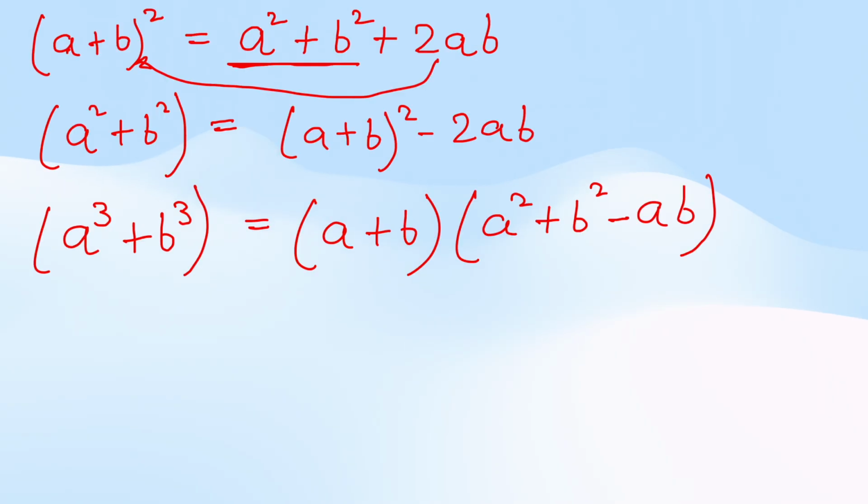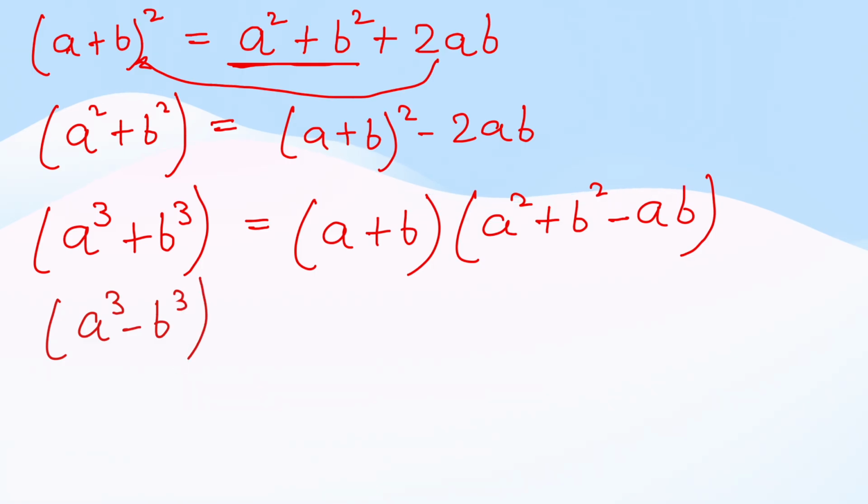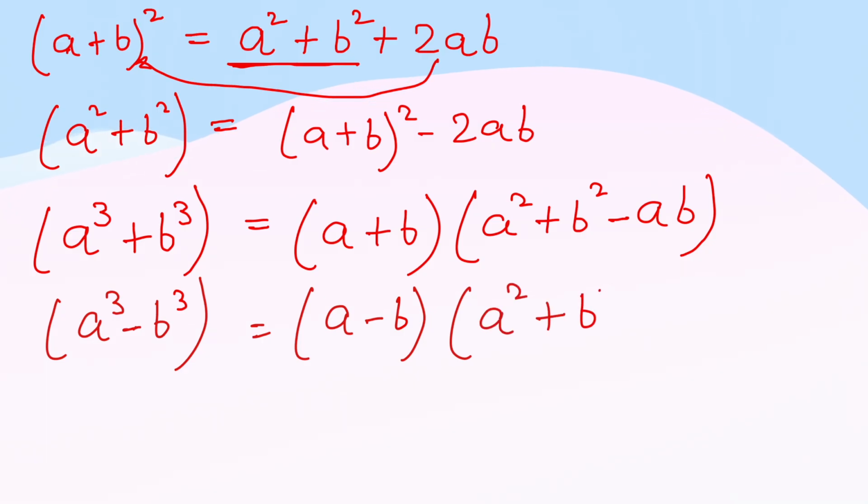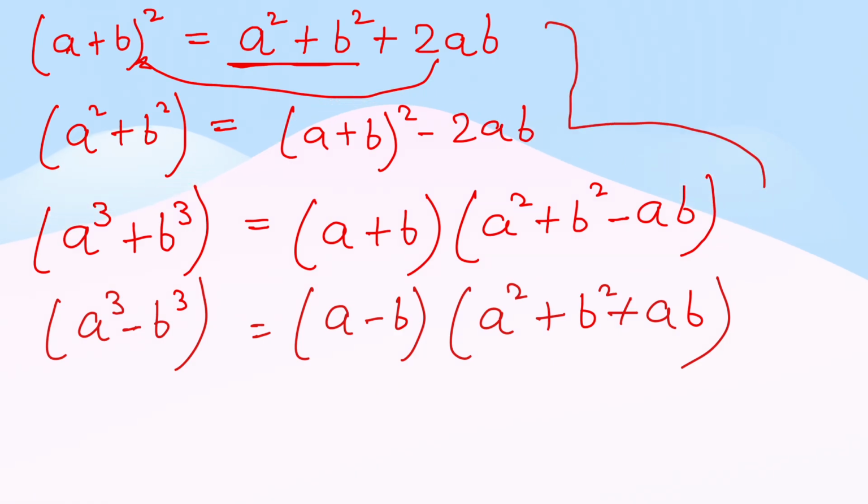Remember, if this is plus, now this will be plus, but this will be negative, right? And the opposite is for a cube minus b cube. So here negative means (a - b), but the ab will become positive now. All these four are really very important. You should know them so that we can solve the questions on the next slides.